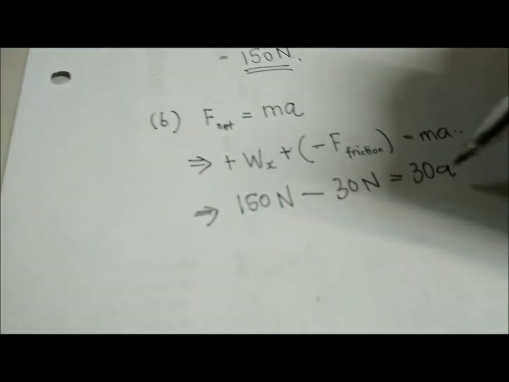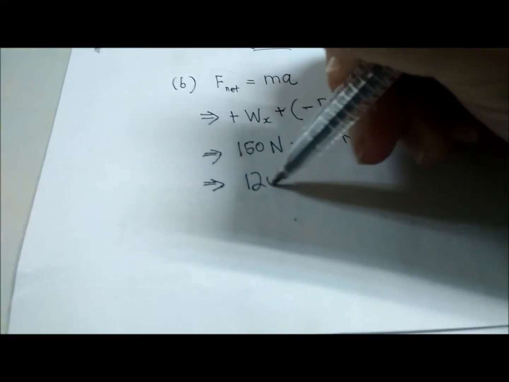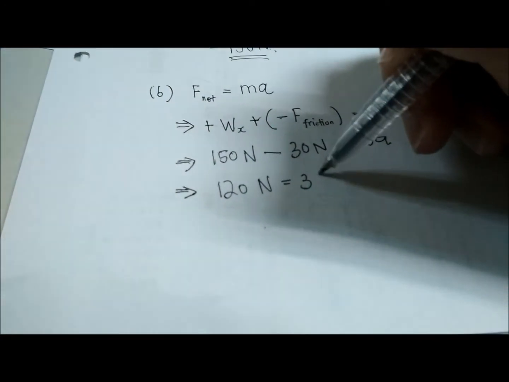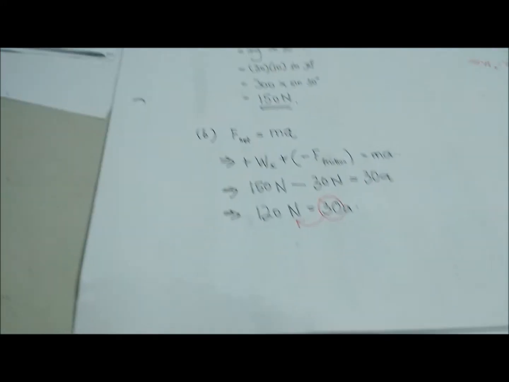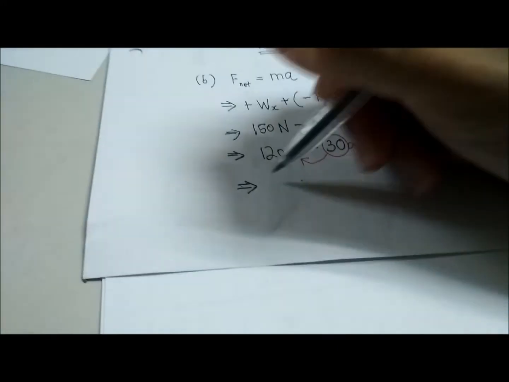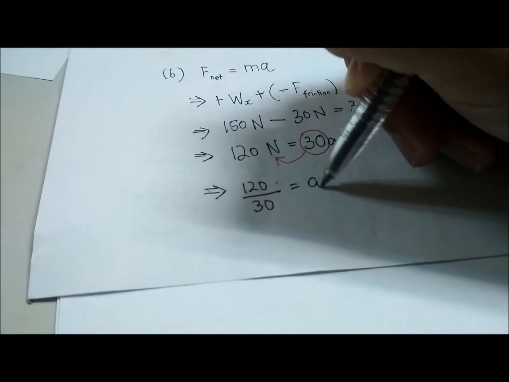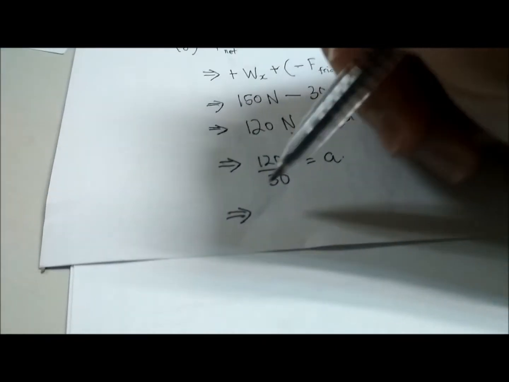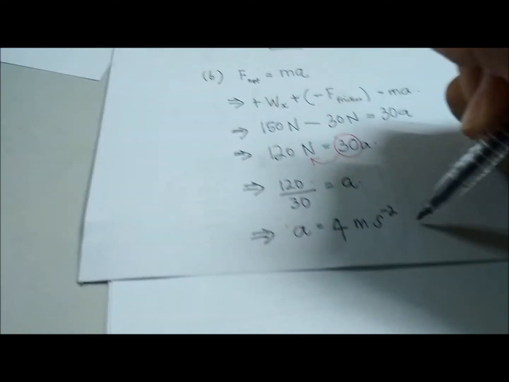The question wants us to find the acceleration, so we need to find a. 150 minus 30 gives 120 Newtons equals 30a. Bring 30 to the other side, so a equals 120 over 30, which is 4 meters per second squared.